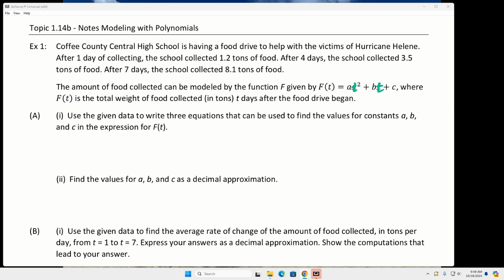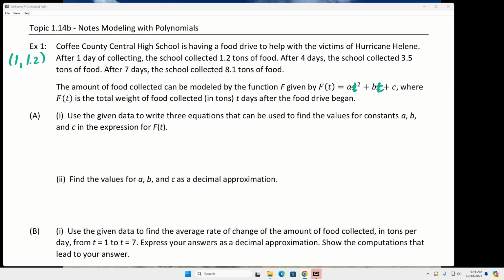All right. So on this one, what I would do is go over to the side and just write down 3 ordered pairs that you were told in the words of the problem, where the first one, the input, is going to be the day, which would be day 1, and then the output will be the amount of food that had been collected up to that day.